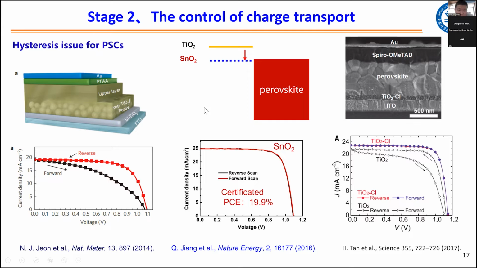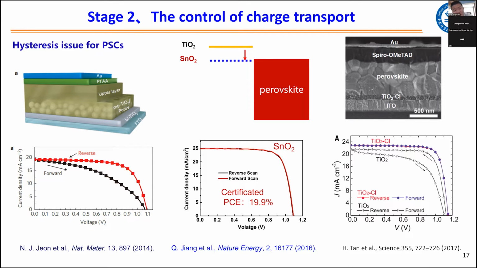I was from an organic solar cell background at that time, because some people found that if we use the inverted structure, with PCBM as the n-type electron transport layer to extract the electrons, the hysteresis can be reduced almost entirely, and the reverse and forward IV almost overlap.